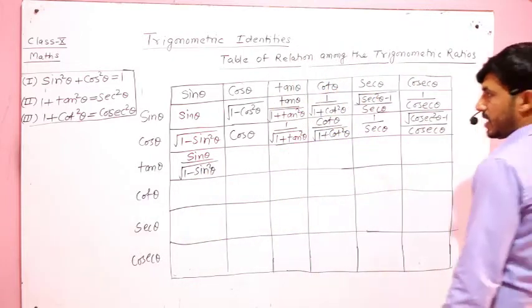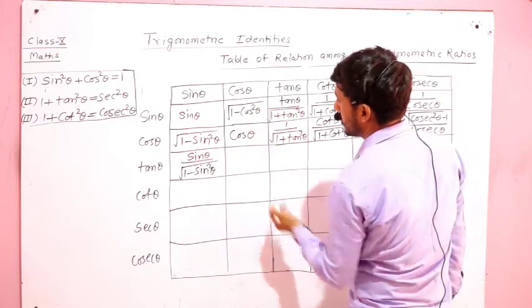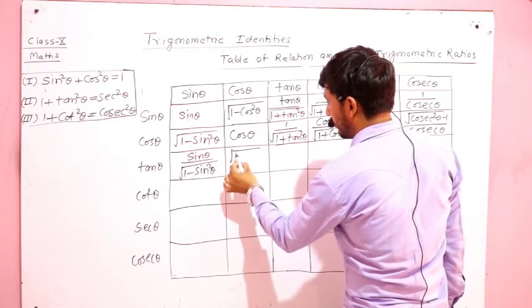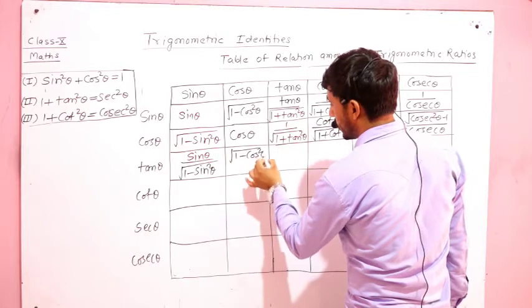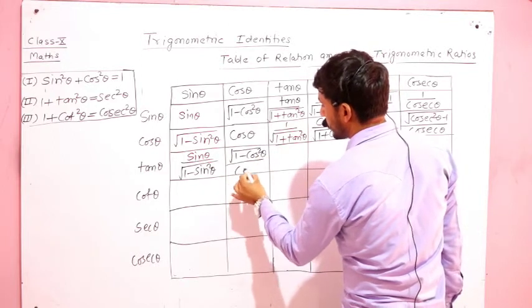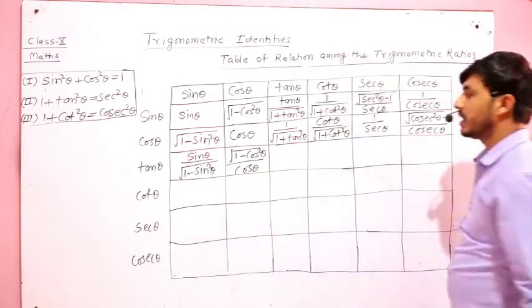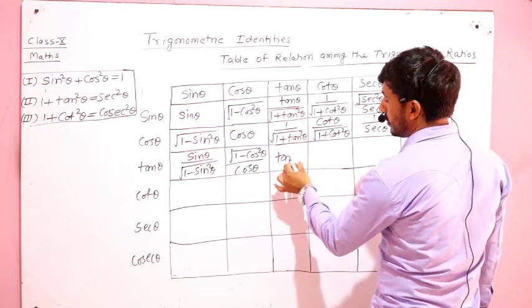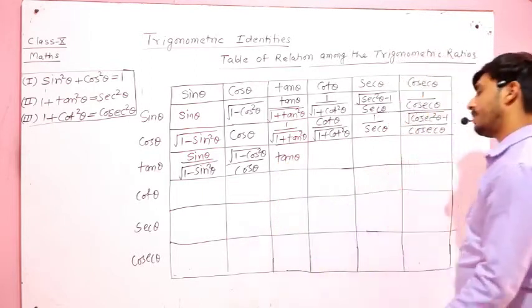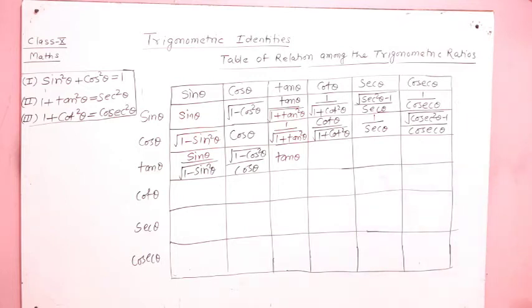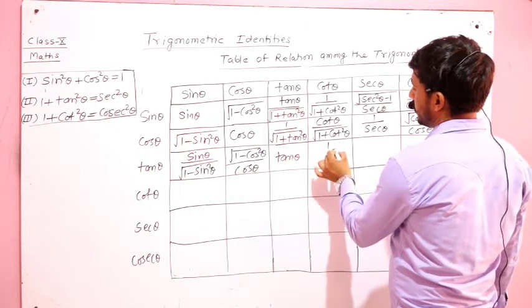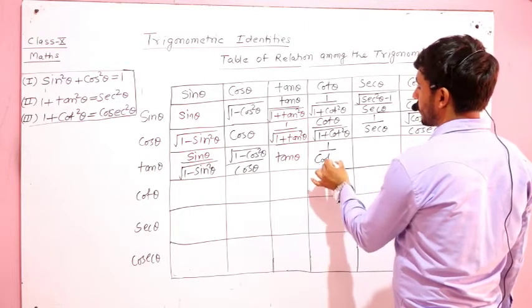Again, tan theta in terms of cos theta, and that is given as root of 1 minus cos square theta, divided by cos theta. Next, tan theta in terms of tan theta is tan theta, because both are equal. Tan theta in terms of cot theta, and that is given as 1 upon cot theta.